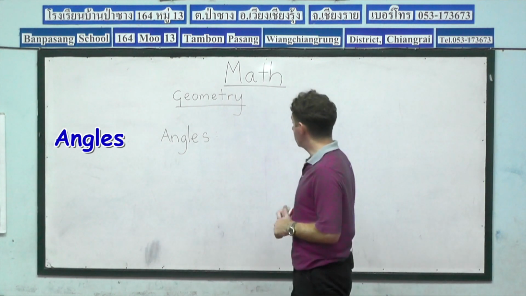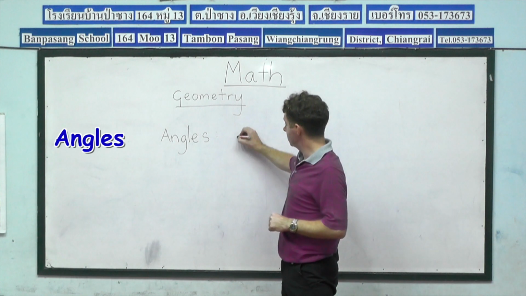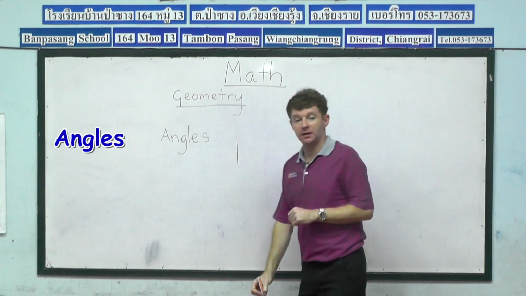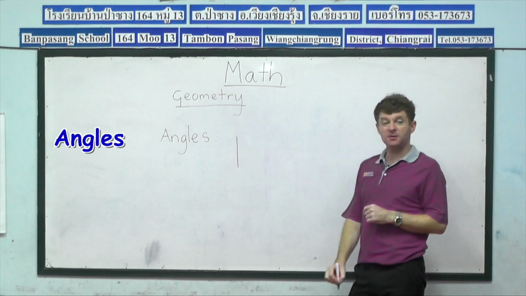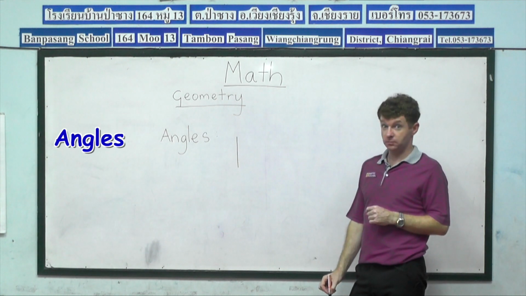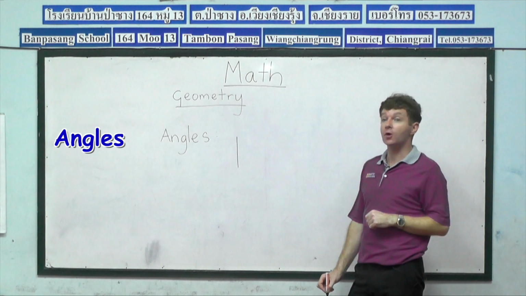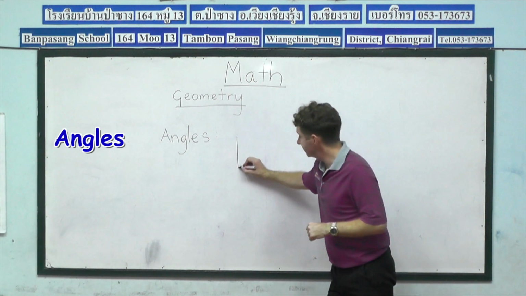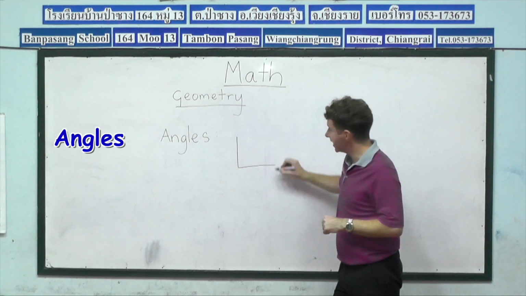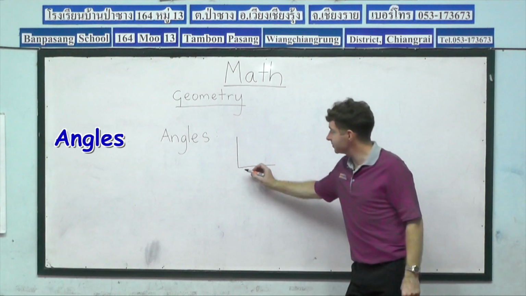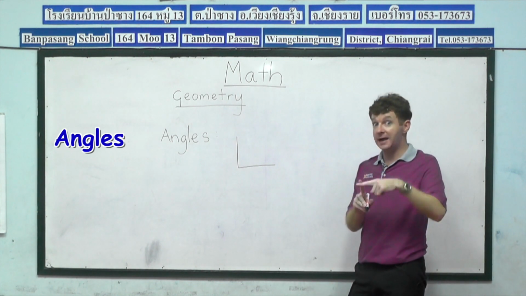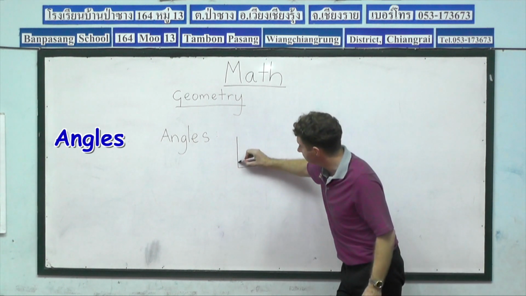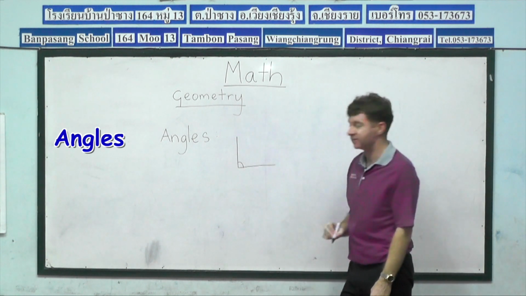So first of all, I'll draw one vertical line. Vertical line. Is it an angle yet? No. We need more than one line for an angle. So next, I'll draw a horizontal line, and the important thing is that the two lines meet at a point. If the two lines meet, an angle has been created.